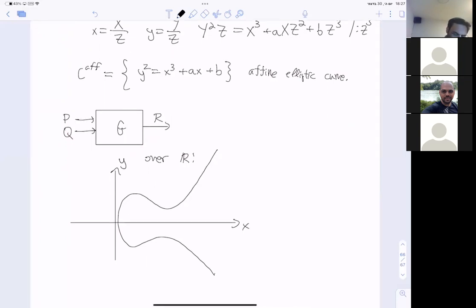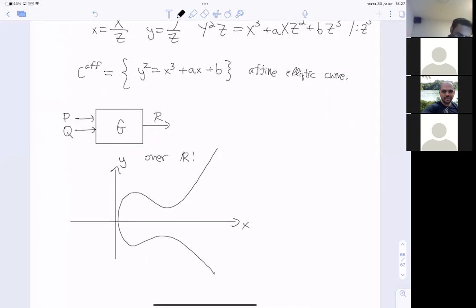So what do we do? We take an element here, P, which belongs to the elliptic curve because it's on the graph.